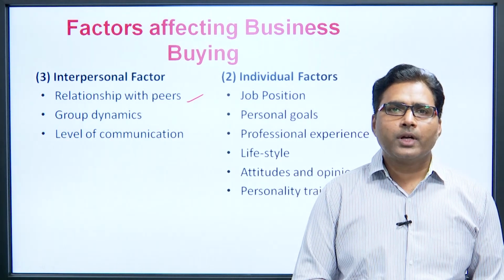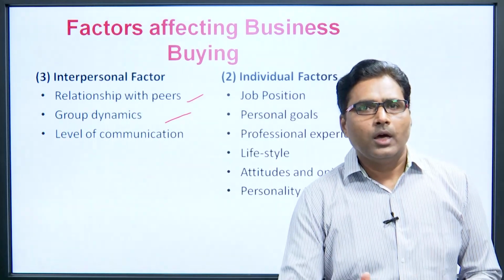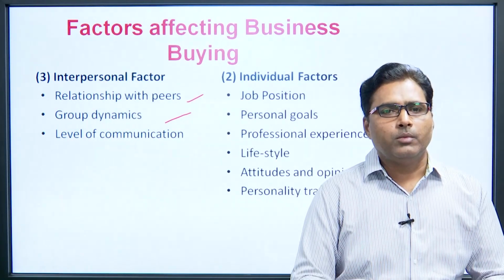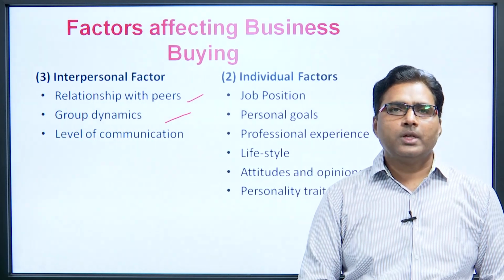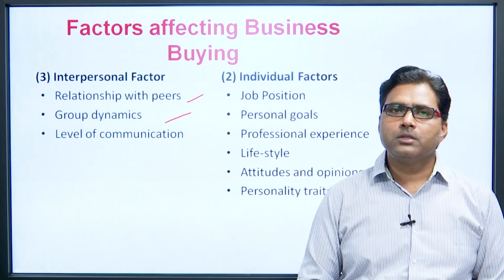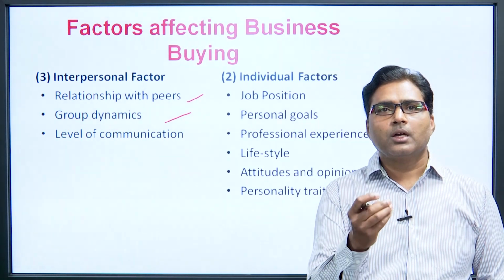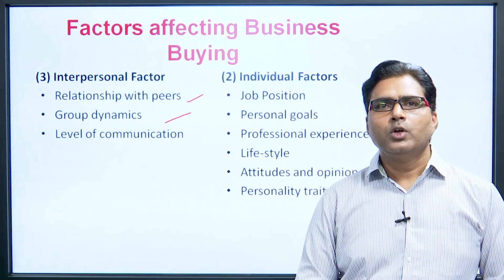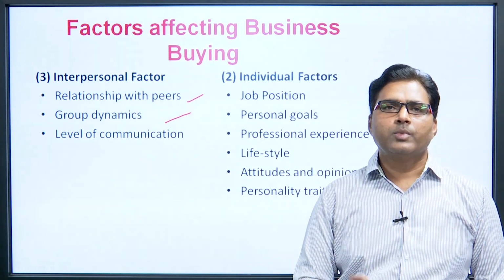There may be different kinds of group dynamics. Many times in organizations the decisions are made in a group, but sometimes in some organizations the decisions can be taken alone or by a small committee itself. So, this group dynamics also has influence over the business buying behavior.